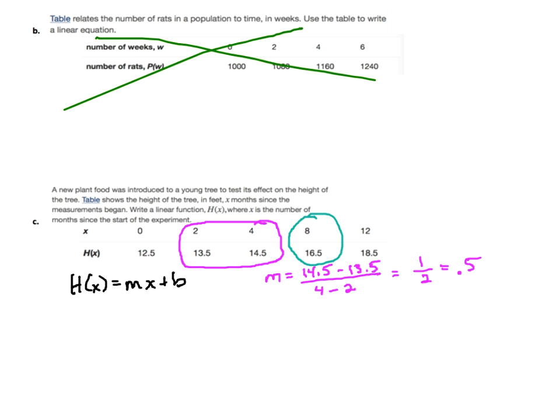So h of x minus, so that's y minus y1, and in this case, I'm going to have my y value be 16.5 equals 0.5. I'm definitely going to have to use my calculator on this. I am no good at decimals in my head. Times x minus x1, which is 8.